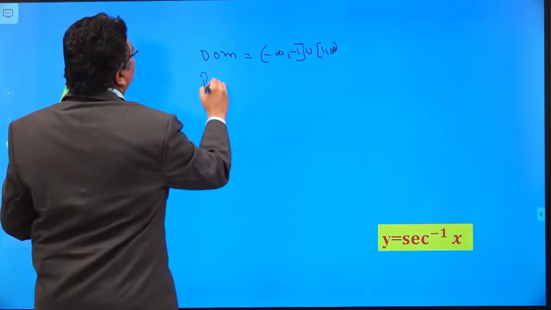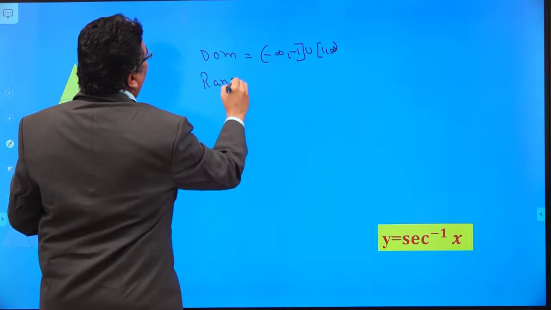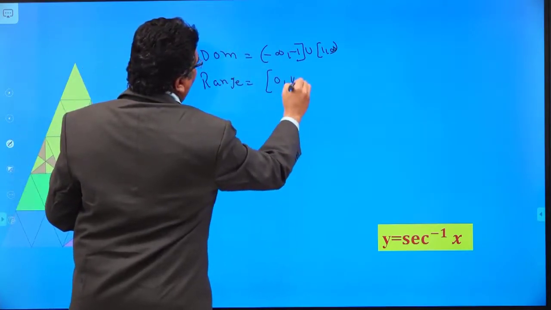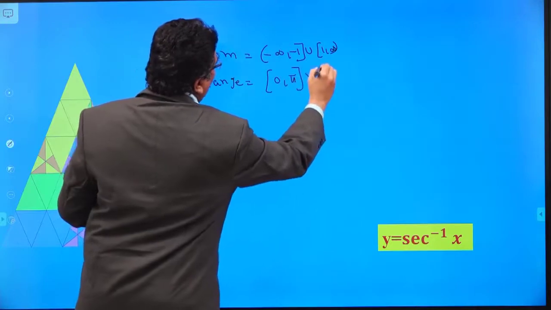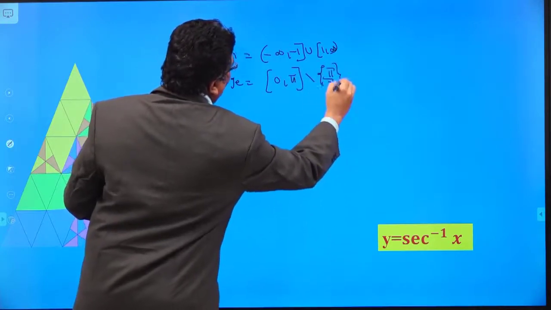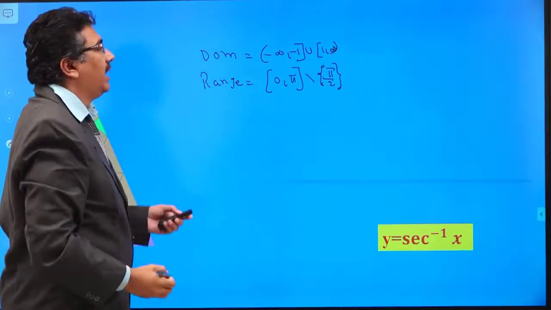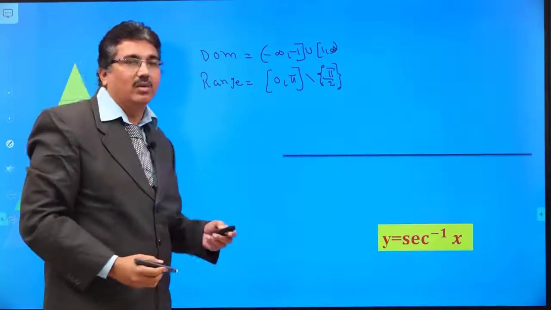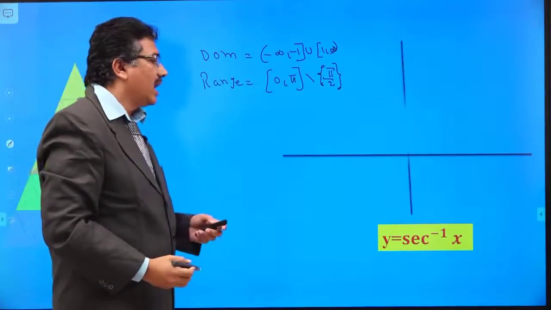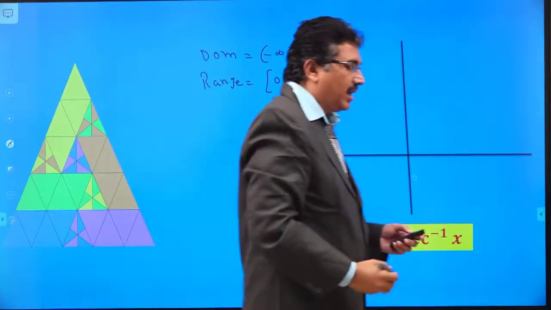The range of secant inverse x is closed interval 0 comma pi excluding the singleton set pi by 2. Now, by taking the domain values on the x-axis and range values on the y-axis.